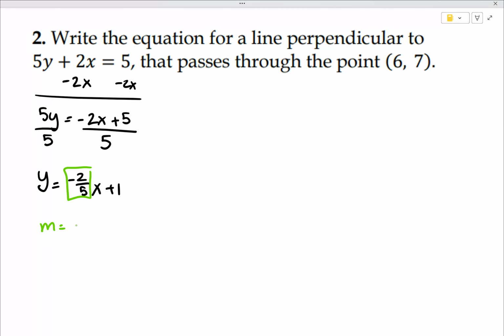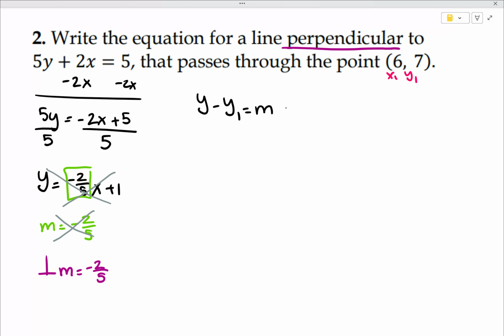The slope is negative 2/5. But I would like the perpendicular slope. So perpendicular slope is negative 2/5. Now we're kind of done with that original equation and our original slope. And we're going to use our point and that new slope, the perpendicular slope, to write our equation.